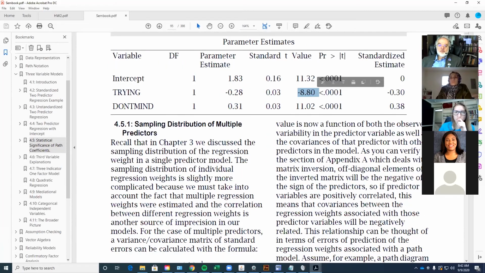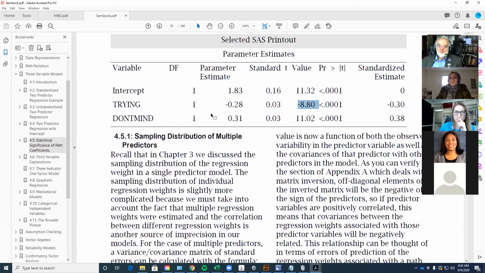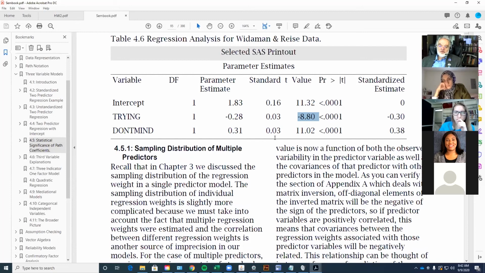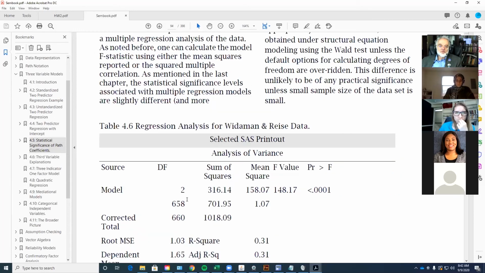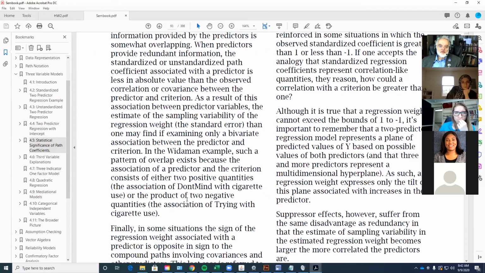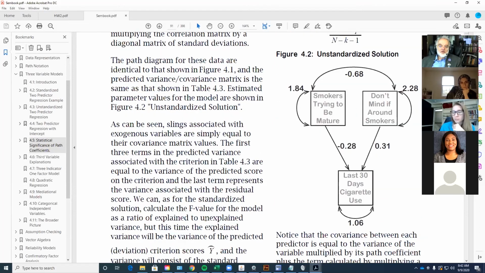So when I have multiple predictors, I need to start thinking about not only the standard deviation here, but also how errors of prediction here start to affect errors of prediction here. I'm going to say this slowly. It's kind of helpful if you think about this in path diagram form. So here I've got my regression.